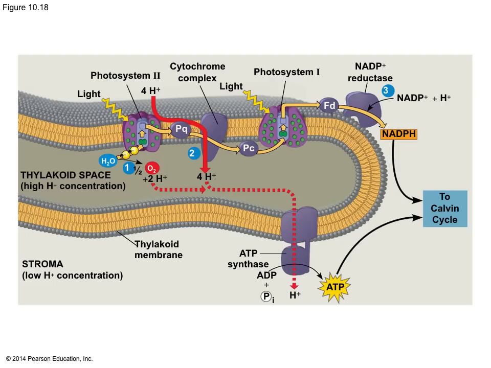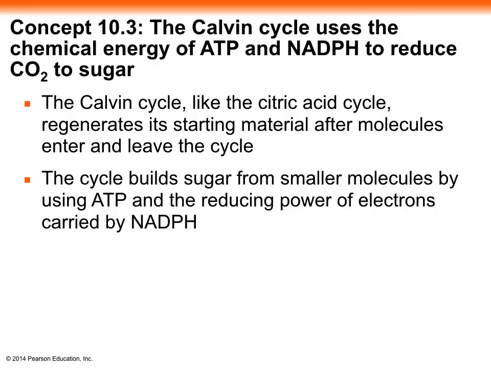Now let's talk about the Calvin cycle. The Calvin cycle regenerates its starting material after molecules enter and leave the cycle. The cycle builds sugar from smaller molecules using ATP and the reducing power of electrons carried by NADPH.